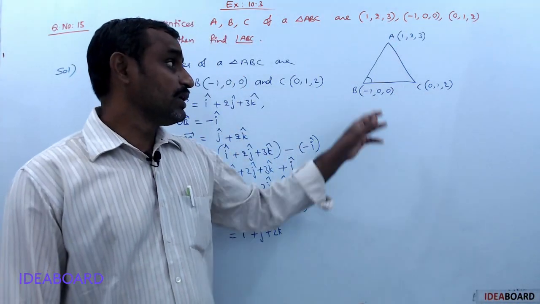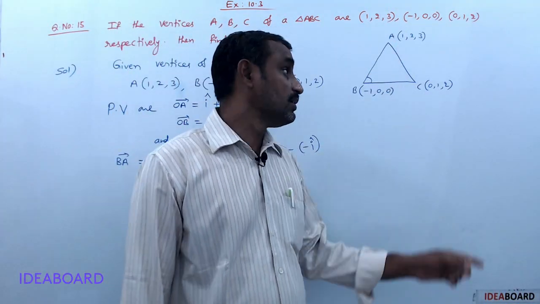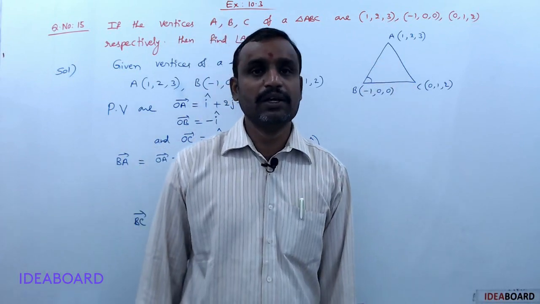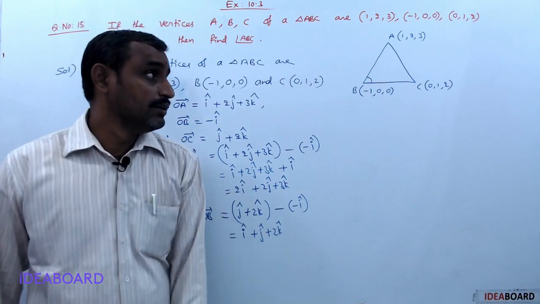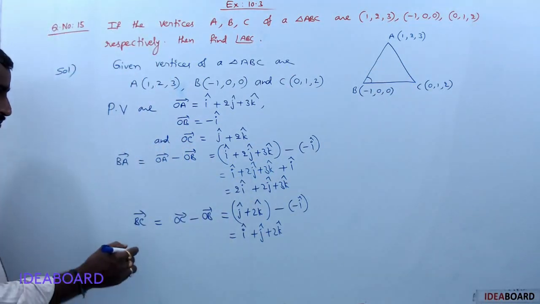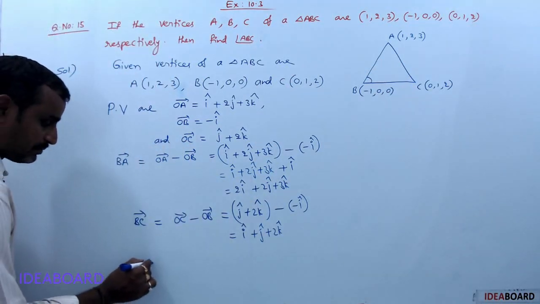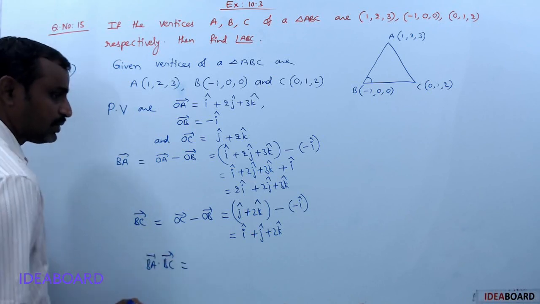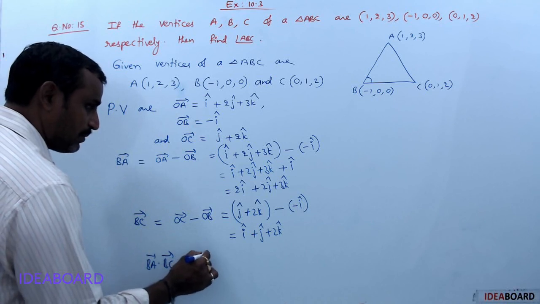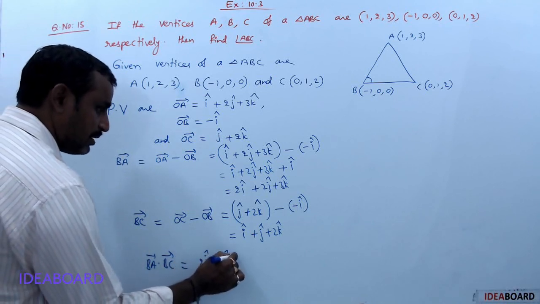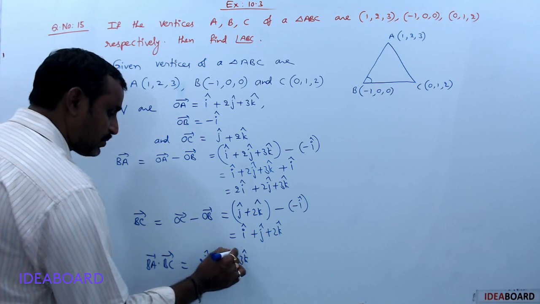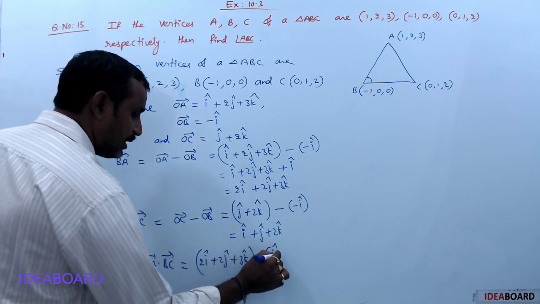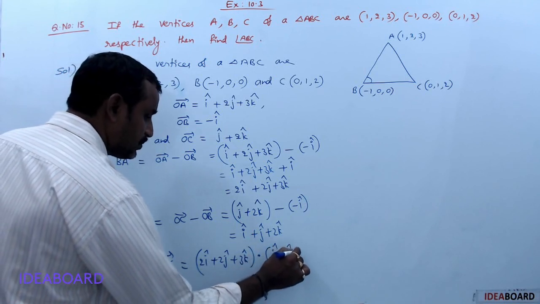To calculate the angle between these two vectors, we need the dot product and their magnitudes. BA bar dot BC bar equals 2i cap plus 2j cap plus 3k cap dotted with i cap plus j cap plus 2k cap.